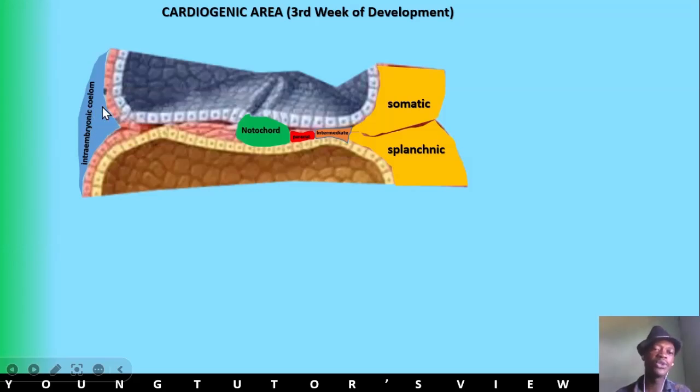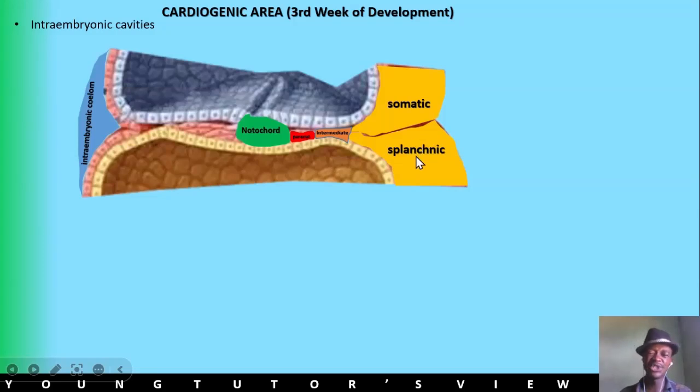This forms on the lateral plate mesoderm because of intraembryonic cavities that develop on the lateral plate mesoderm to separate it into the somatic part and the splanchnic part over here. So those are the parts of the lateral plate mesoderm: the somatic and the splanchnic mesoderm.